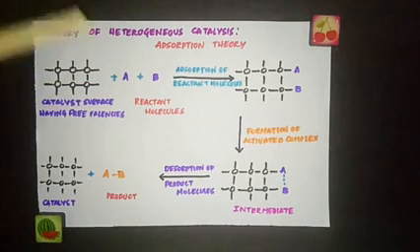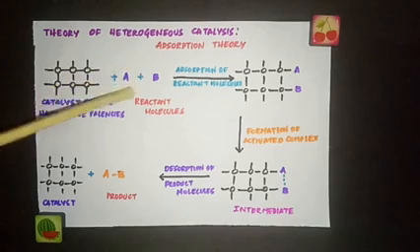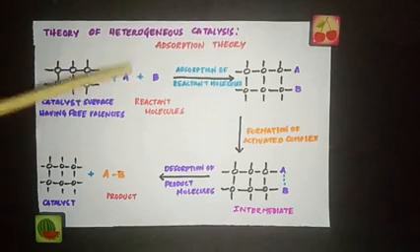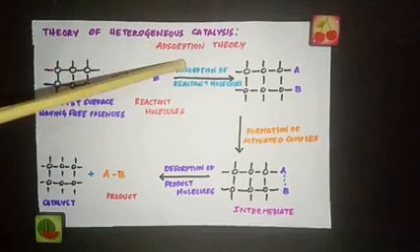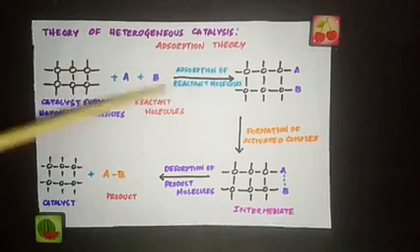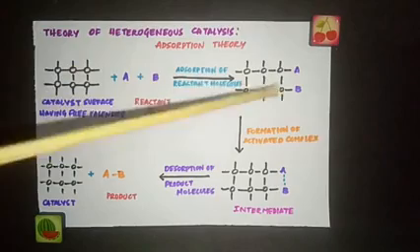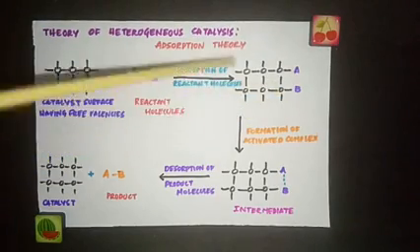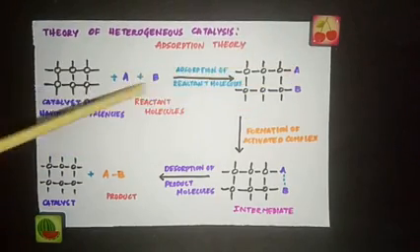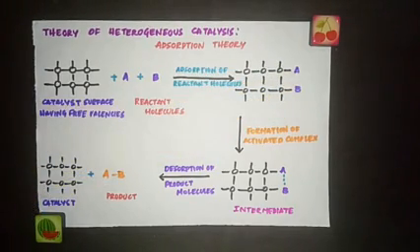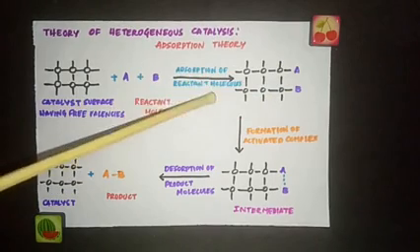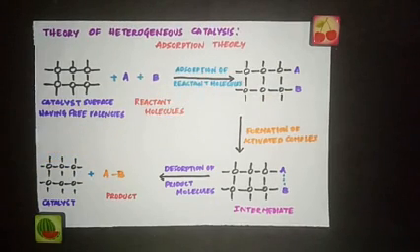When we say the bond is cleaved, there is bonding between a molecule of A and another molecule of A. Same way, bonding between a molecule of B and another molecule of B. That bond is cleaved and they get adsorbed on the catalyst surface. Now look at this. This is the catalyst surface, and on the surface reactant A is getting adsorbed and reactant B is getting adsorbed. So what is happening? Adsorption of reactant molecules on the catalyst is happening.